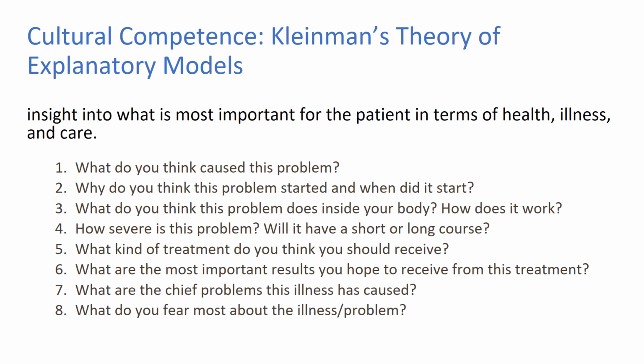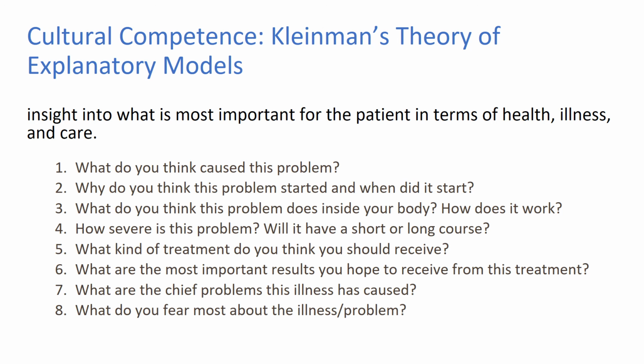Kleinman's theory of explanatory models can help give insight into what's most important for the patient in terms of health, illness, and care. It's sometimes called Kleinman's 8 questions, and they are: what do you think caused this problem? Why do you think this problem started, and when did it start? What do you think this problem does inside your body?